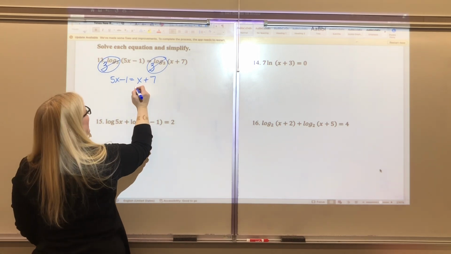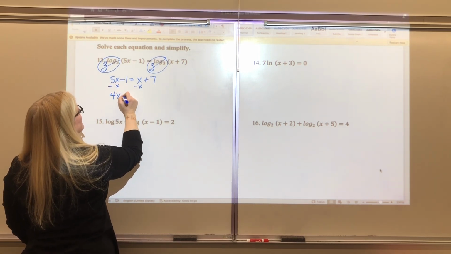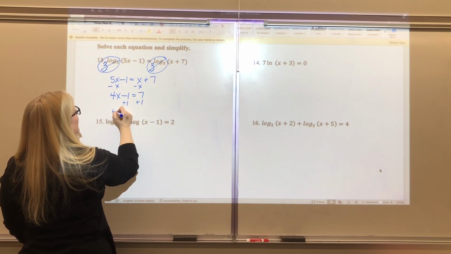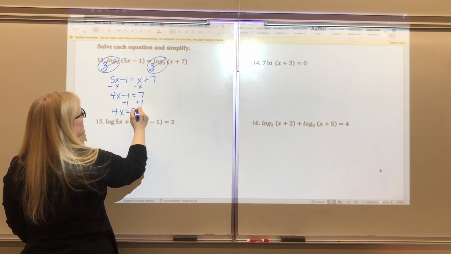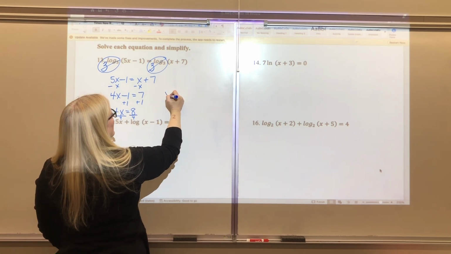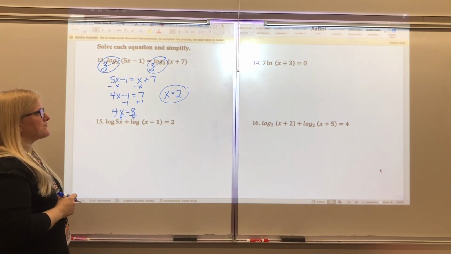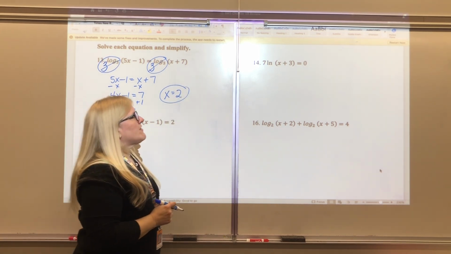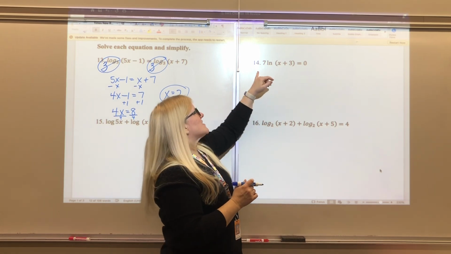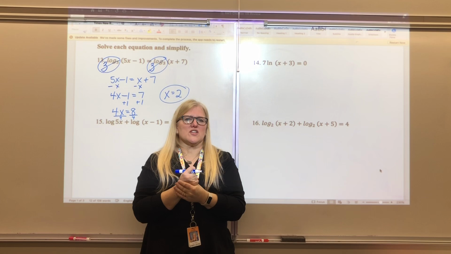Okay, I'm going to subtract x from both sides. That gives me 4x minus 1 equals 7. Add 1 to both sides, 4x equals 8. Divide both sides by 4, x equals 2. Okay, in this one, I have a lot of people that want to take this 7 and bump it up, and I can see why you want to do that.